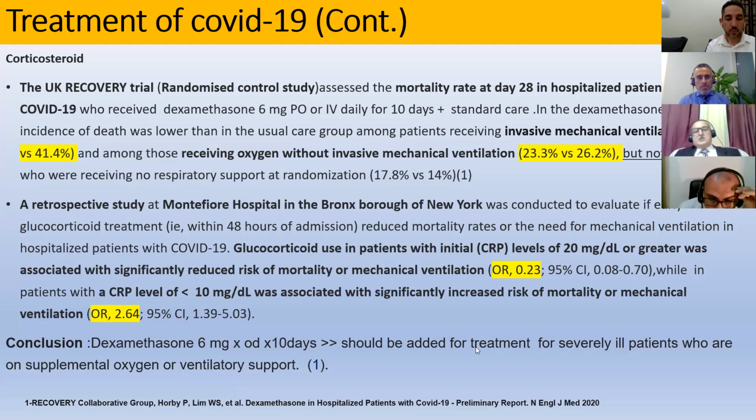While if we use it for a patient with CRP less than 10, there is an increase in mortality and an increase in mechanical ventilation. So the conclusion of the UK RECOVERY trial is that dexamethasone 6 milligram once a day for 10 days should be added to the treatment of severely ill patients, those who are desaturated, needing oxygen, and those who are on invasive and non-invasive mechanical ventilation.